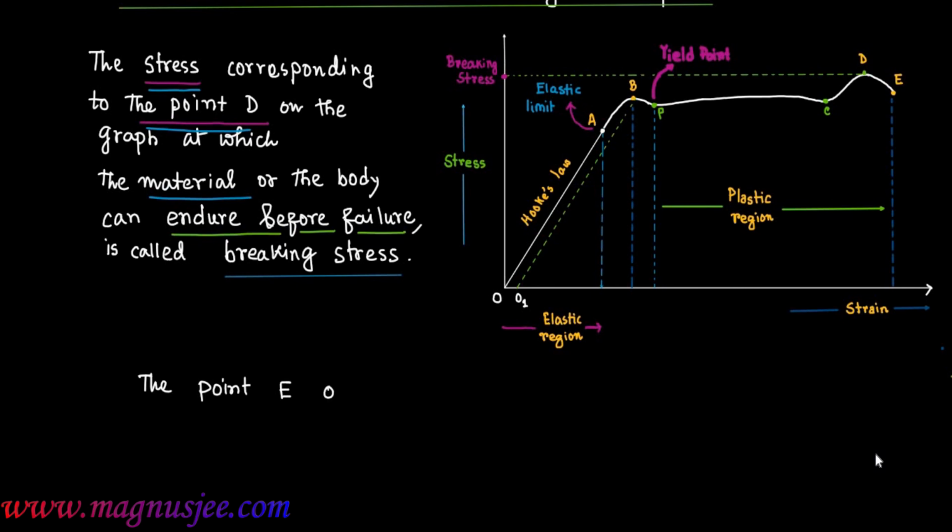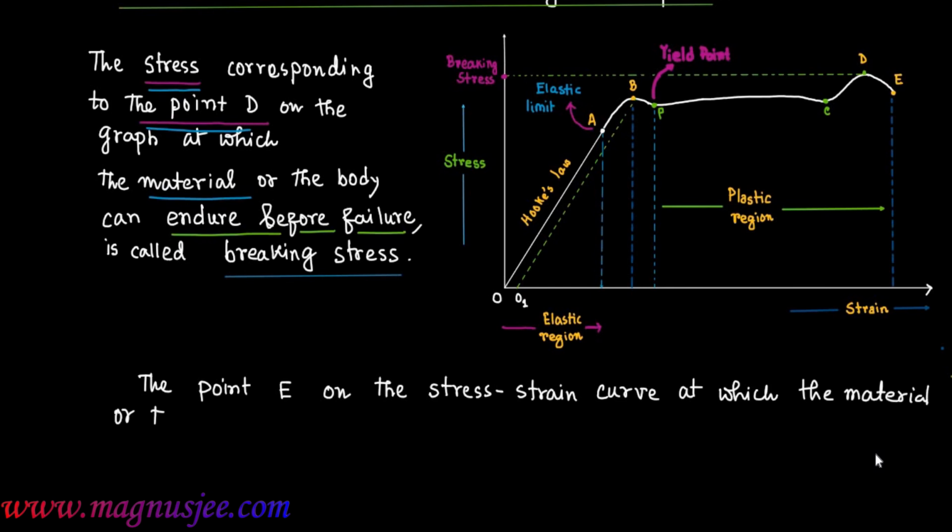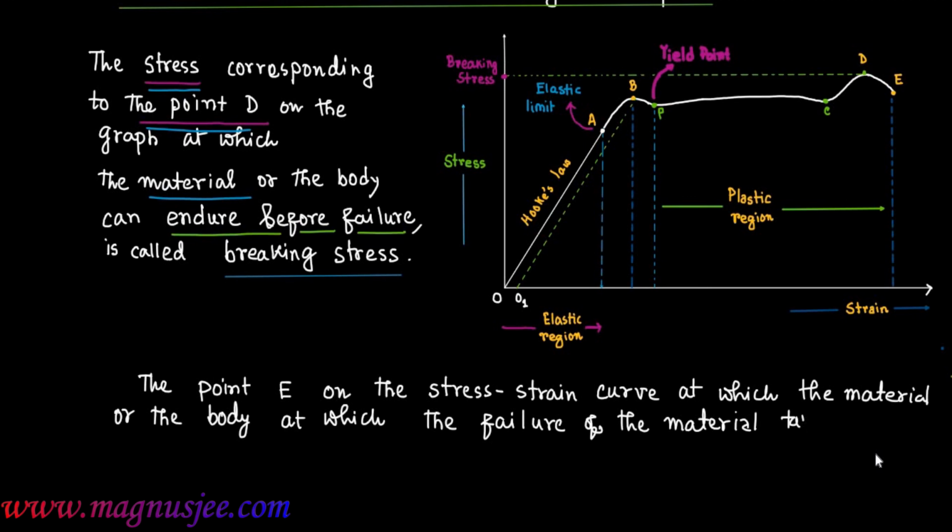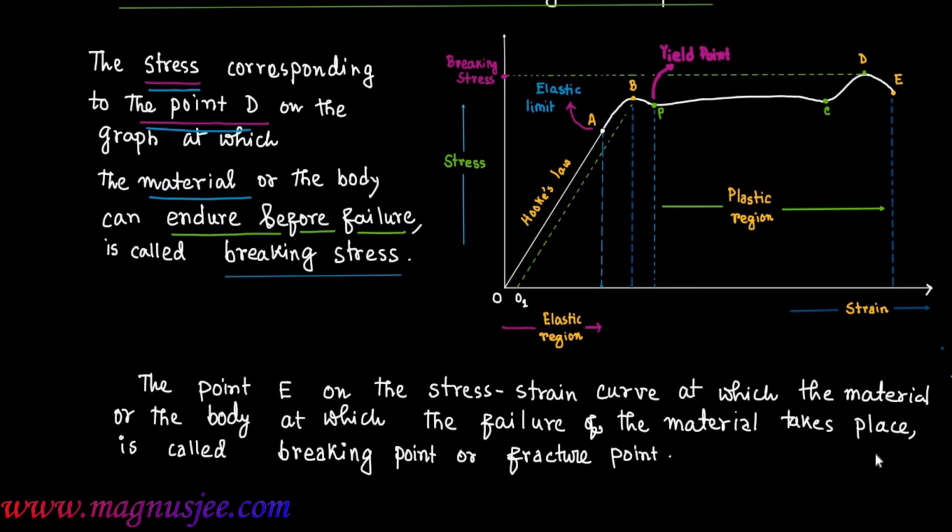After the point D, the point E on the stress-strain curve at which the failure of the material or the body takes place, that means the body breaks, is called the breaking point or the fracture point.